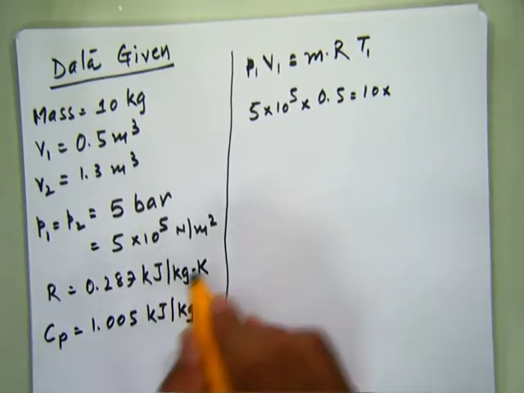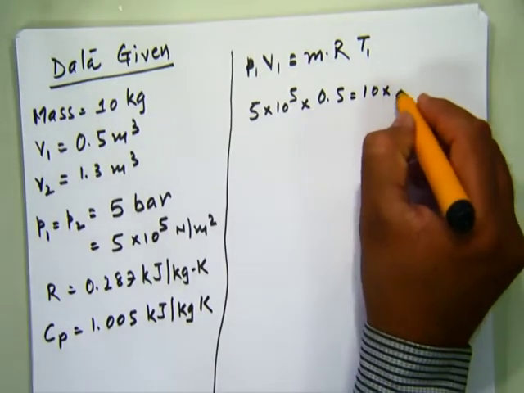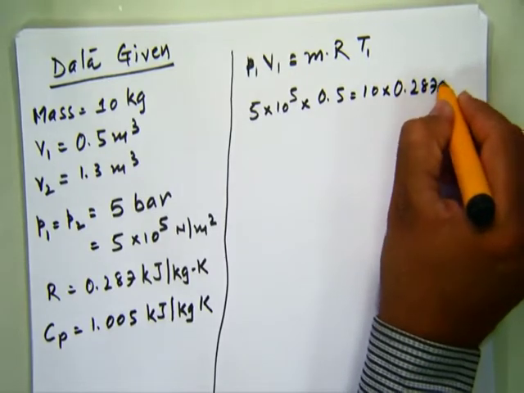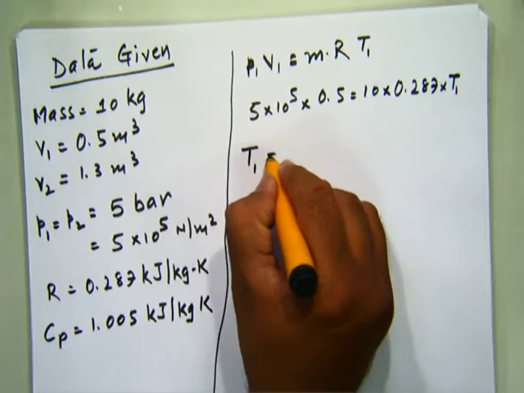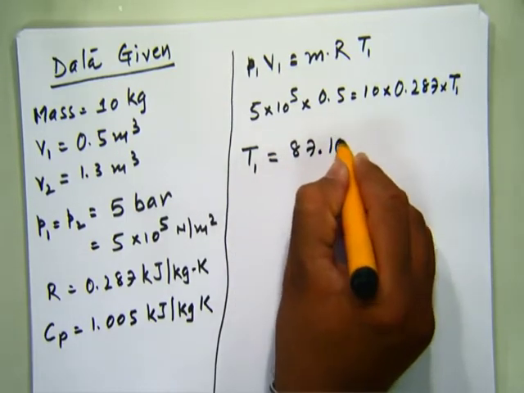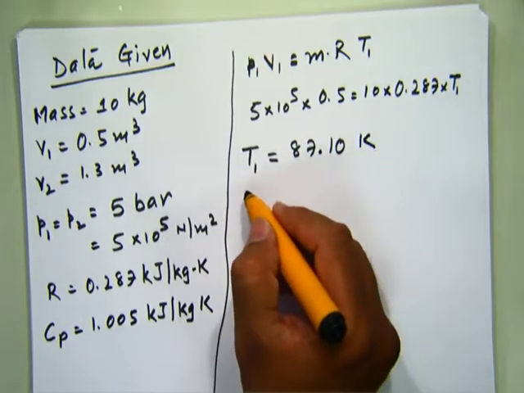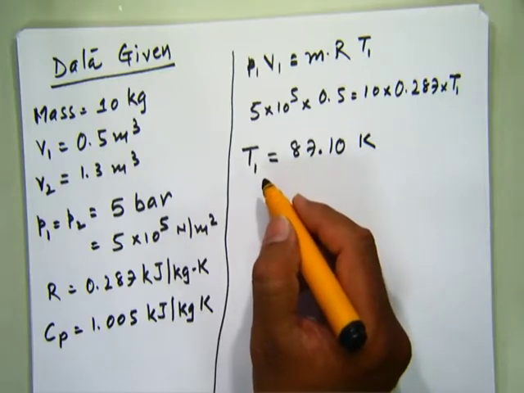This is part of the data. So 10 into 0.287 into T1. By calculating, you will reach T1 is equal to 87.10 Kelvin.